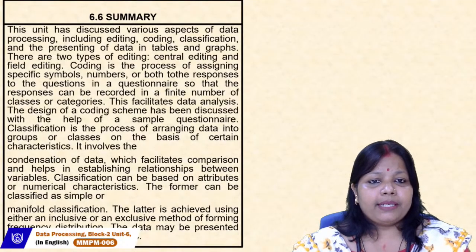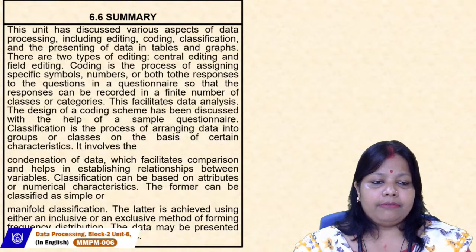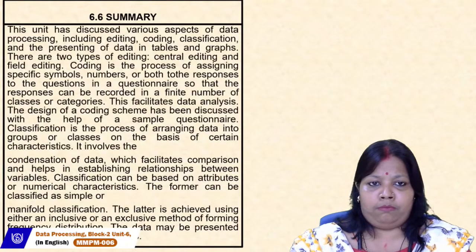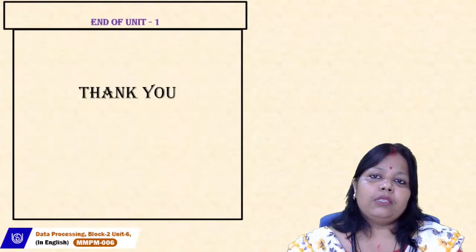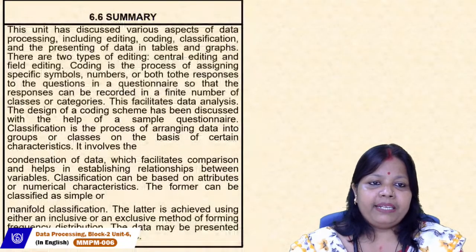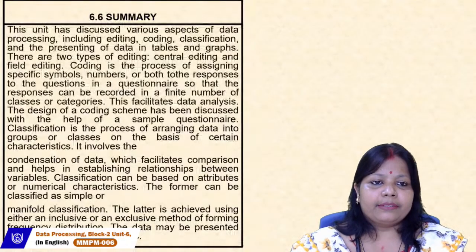There are two types of editing: central editing and field editing. Central editing occurs at the final stage of data collection, whereas field editing occurs in the field while the data collection process is continuing.